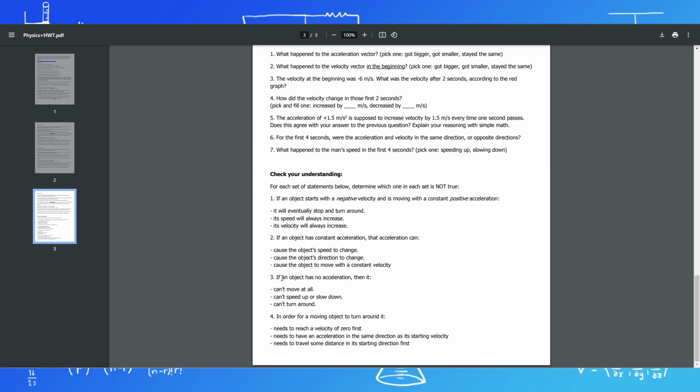Okay, number 3, if an object has no acceleration, then it can't move at all, it can't speed up or slow down, it can't turn around. 2 of those are true, 1 of them is false. Which one is false? A lot of people would assume that an object with no acceleration can't move at all, but that's not true.